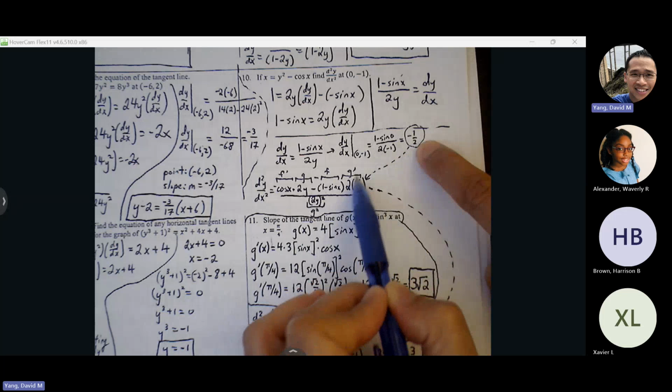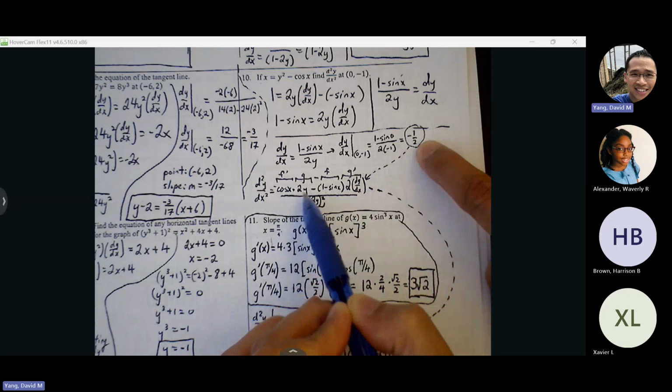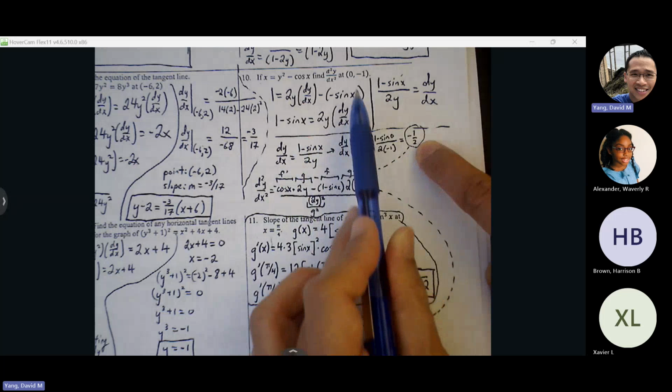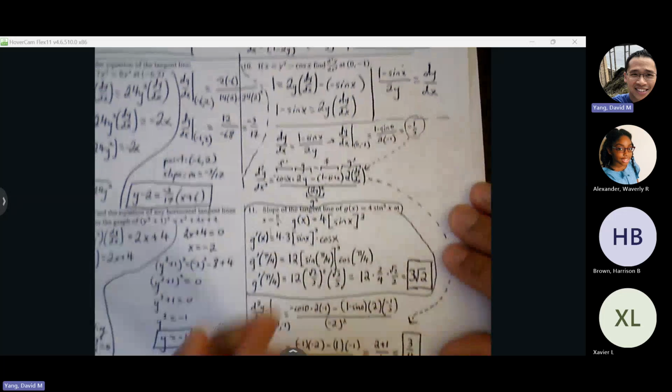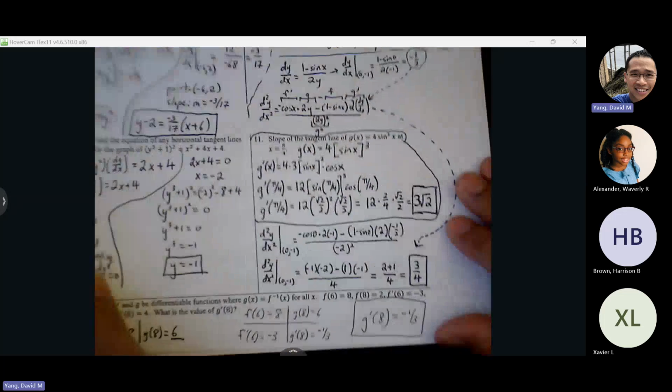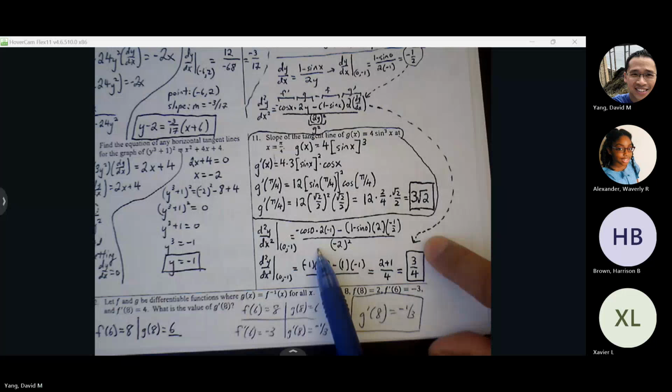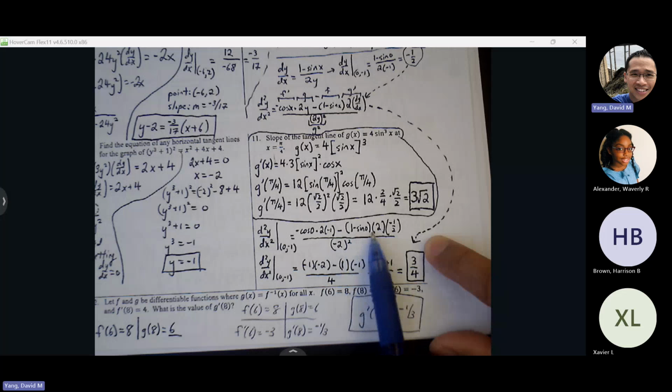So -1/2 just goes in here, and then I went ahead and replaced all the x's with 0 and y with -1. And that got me down to this point down here. So negative cosine of 0 is -1 times -2 minus 1 times 2 times -1/2, which is -1, all over 4.